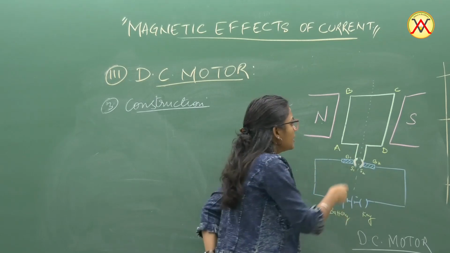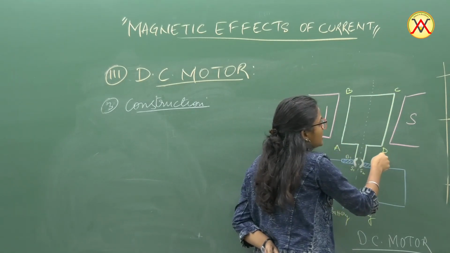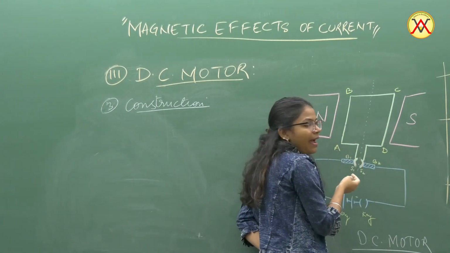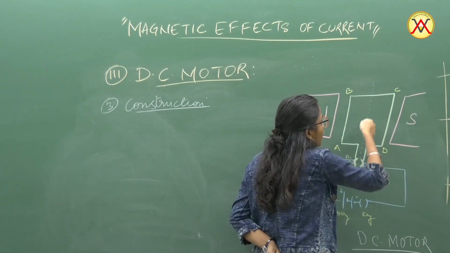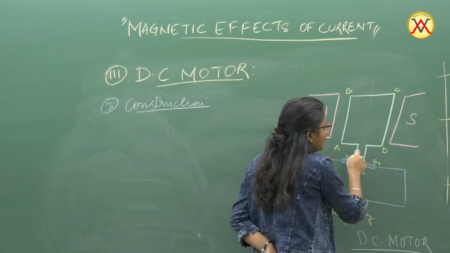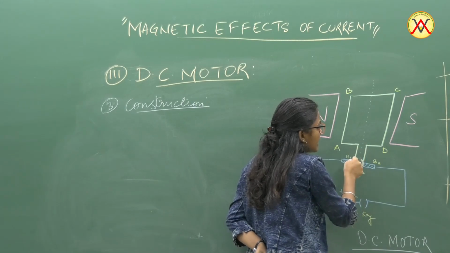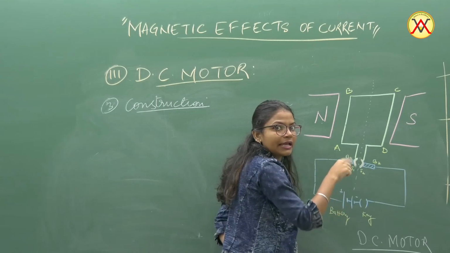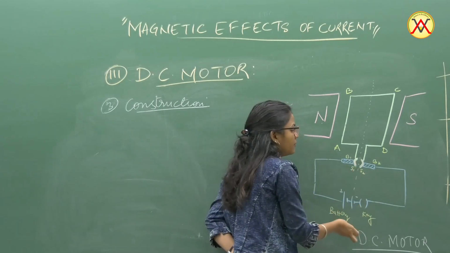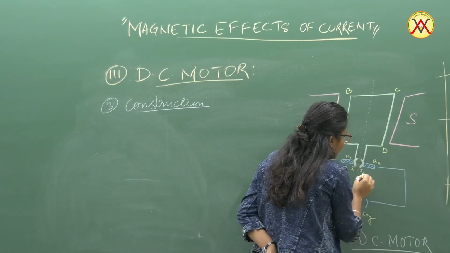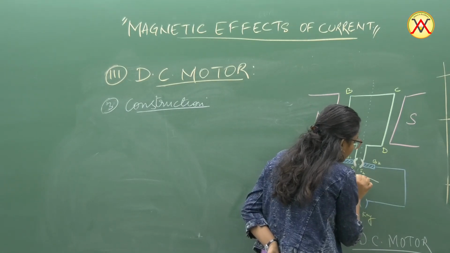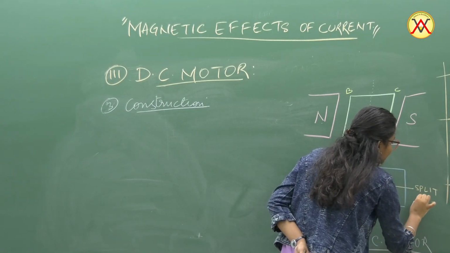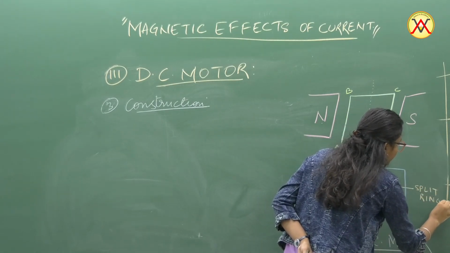So you could easily write a rectangular ABCD conducting coil is kept in between this permanent magnet affixed on a shaft where the ends of this coil are connected to S1 and S2, and in bracket write down split ring. Here S1 and S2 are our split rings.